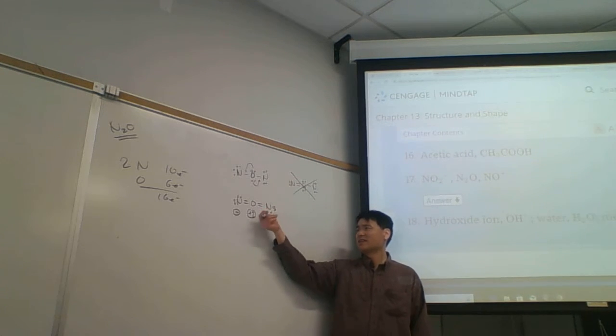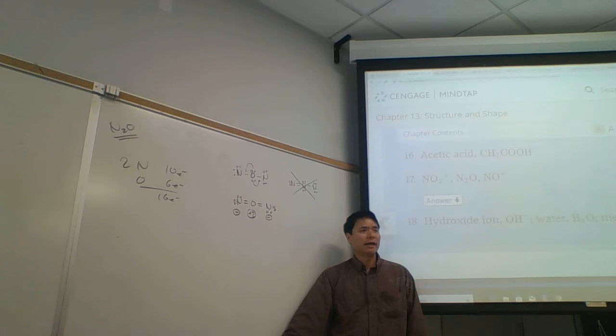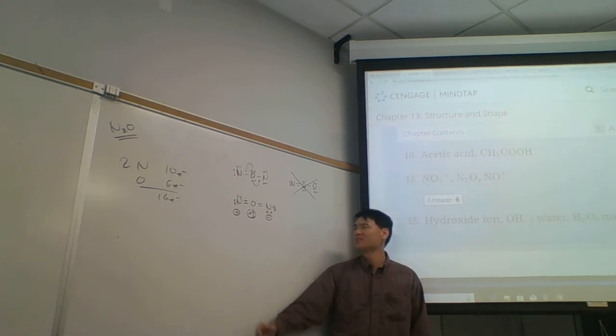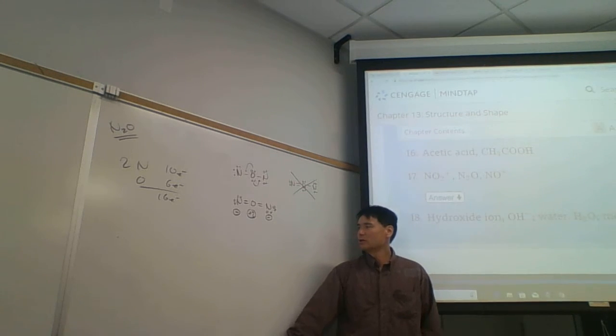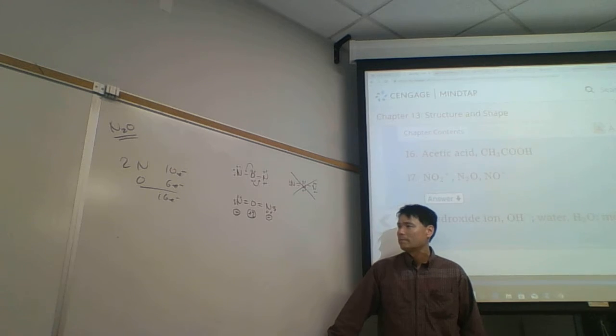This structure has an octet, but the formal charges are kind of high. That means oxygen came out short 2 electrons, and nitrogen came out ahead 1 electron, each of them. And so the way the electrons are distributed, it doesn't look like it's the best, but if this is the best structure, that's what we got.